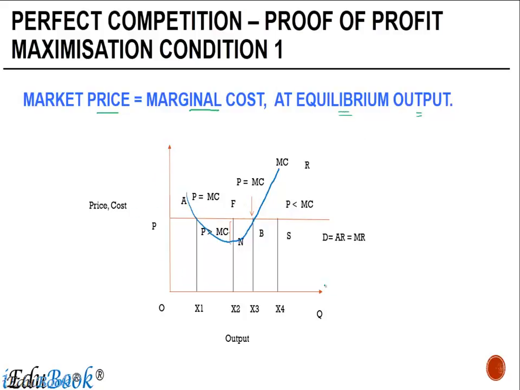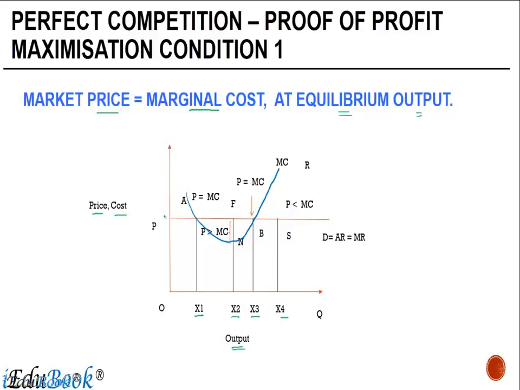For the purpose of this graph, we have price and cost here, and we have output on the x-axis. There are four quantities of output which are produced: x1, x2, x3 and x4.